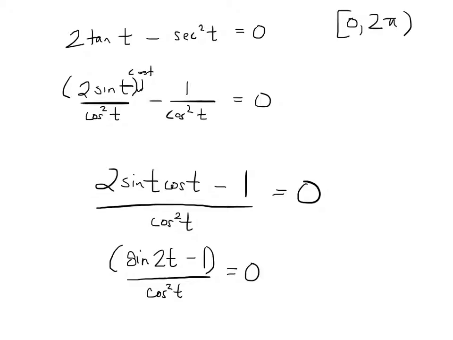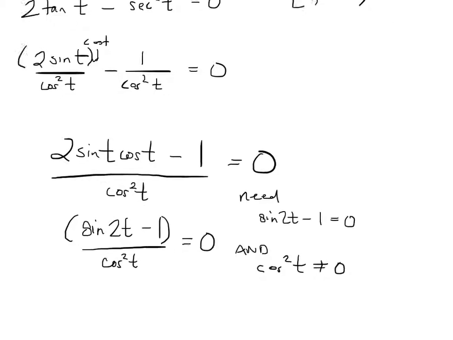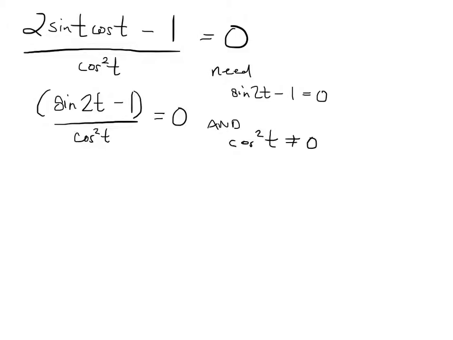So we need sine 2t minus 1 equal to 0 and cosine squared t not equaling 0. Sine 2t minus 1 equals 0 tells us that sine 2t is 1.